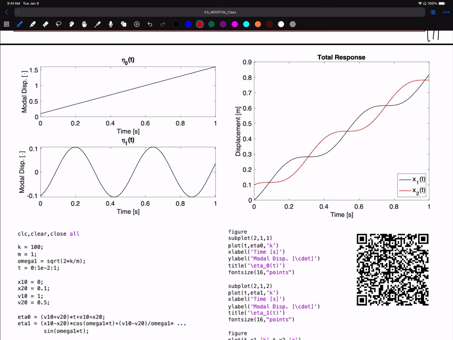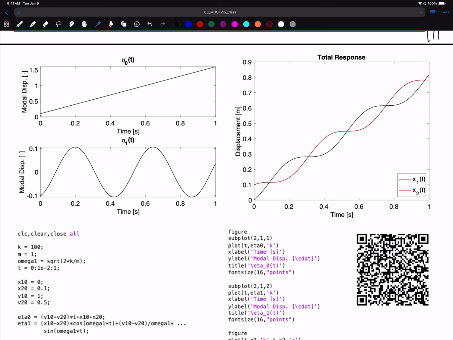And from what you can see here is that the rigid body mode, this eta 0, it just increases in time. It behaves time-like, and its motion is just increasing forever in time. Whereas if we look at our second mode here, this eta 1, or the first flexible mode, you can see that it is oscillating.